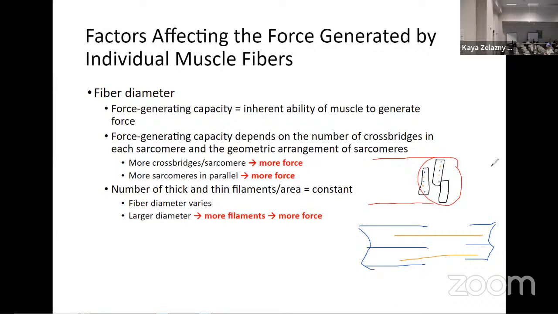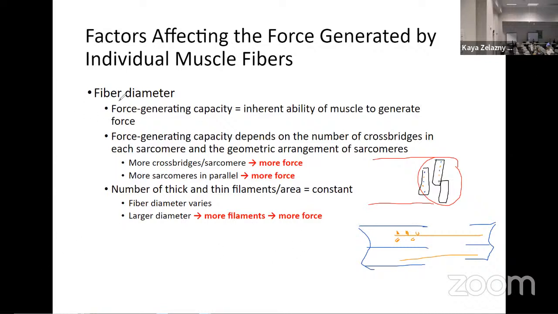So if we can generate more cross bridges, either by starting out with an ideal amount of overlap between our myosin heads and the actin, or by just plain having more sarcomeres next to each other in parallel, we're going to be able to create stronger force when we have calcium and start that cross bridge cycling.